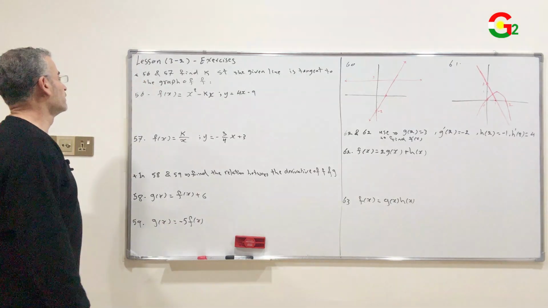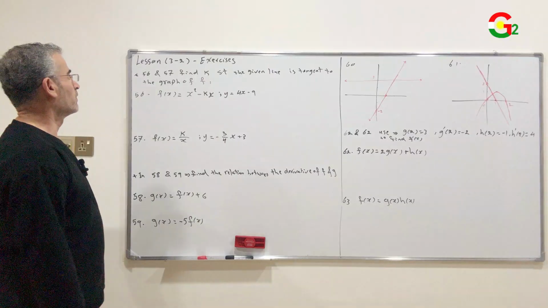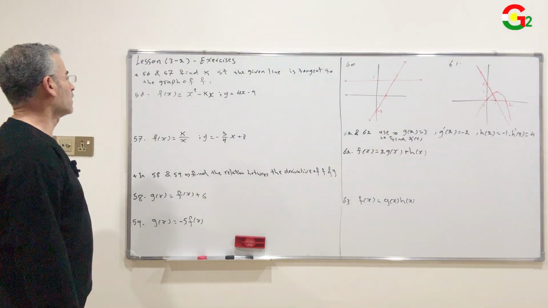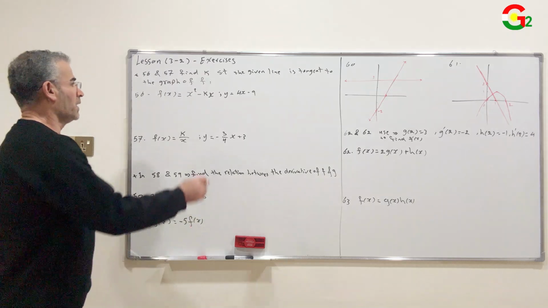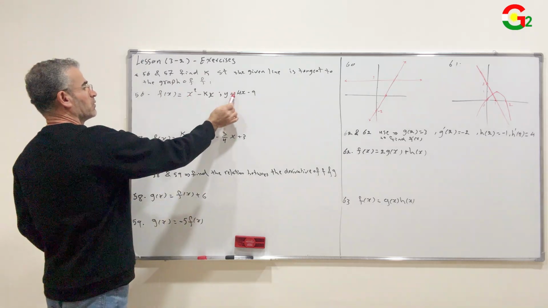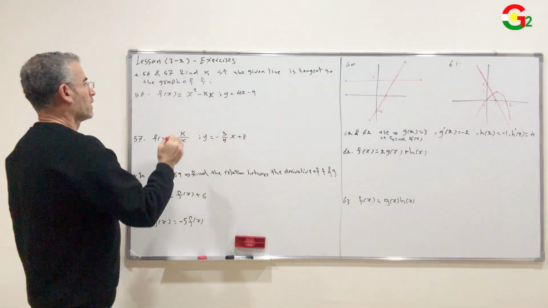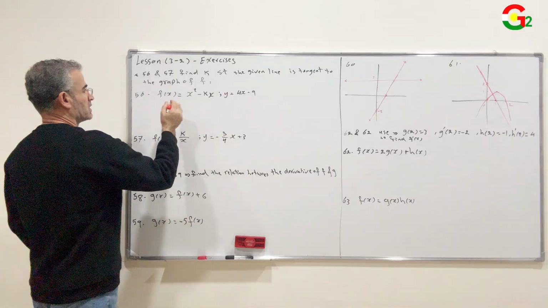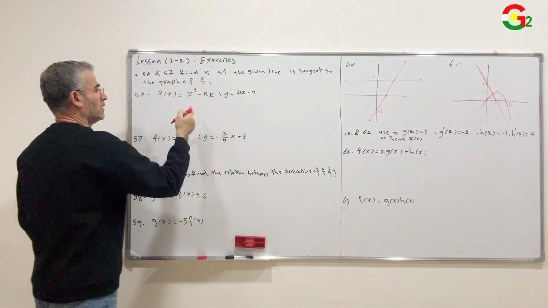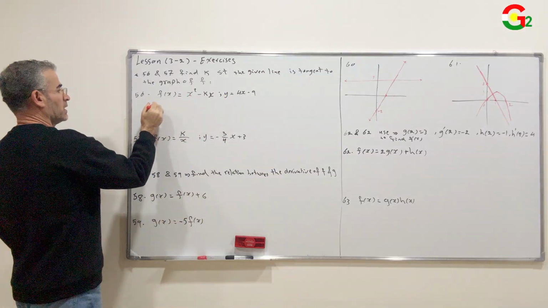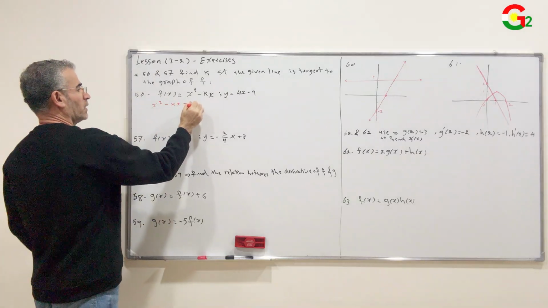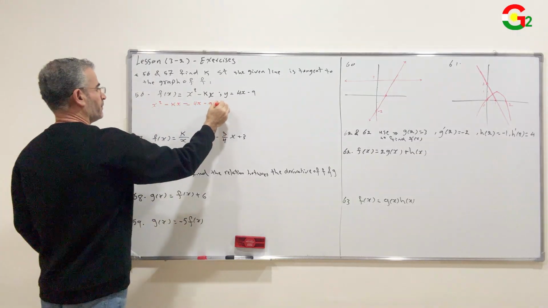Question number 56 and 57. Find the value of k such that the given line is tangent to the graph of f. At the point of tangency, the value of the function equals the value of the line, since the point of tangency belongs to the graph and to the tangent line, and therefore x power 2 minus kx equals 4x minus 9.